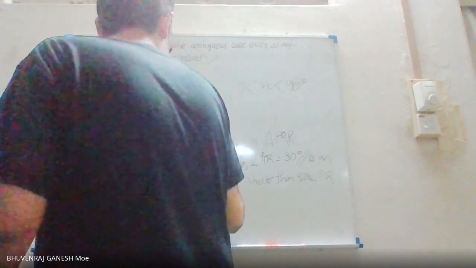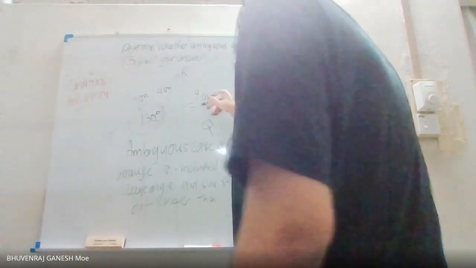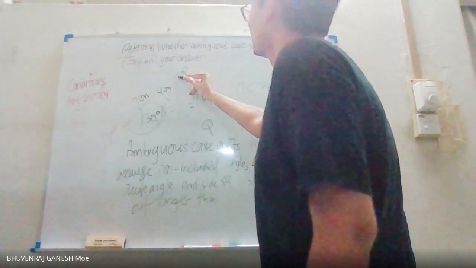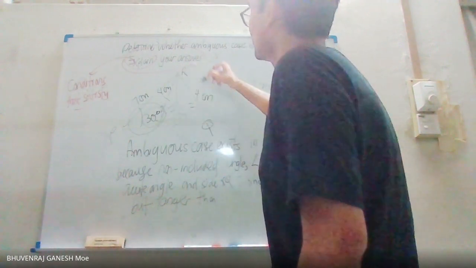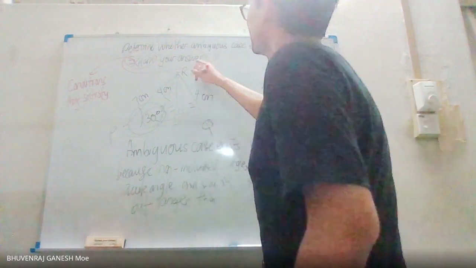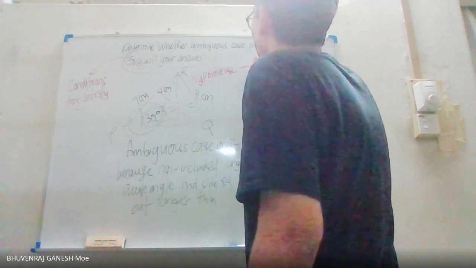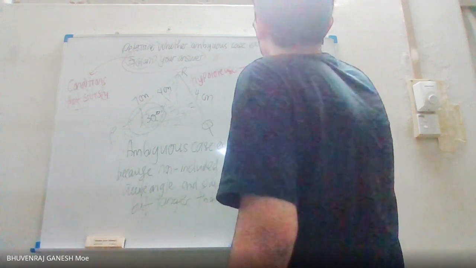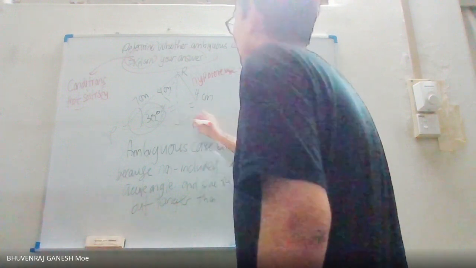The way they phrase it is side RQ is longer than the height of the triangle, obviously, because if you draw a height here and then here is 90 degrees, RQ automatically becomes the hypotenuse. And what we learned from hypotenuse is Pythagoras theorem. C squared equals A squared plus B squared. So it's squaring up the length of these two sides.